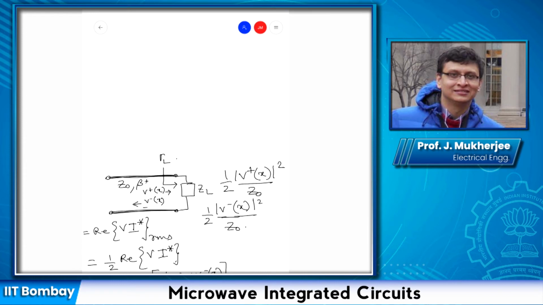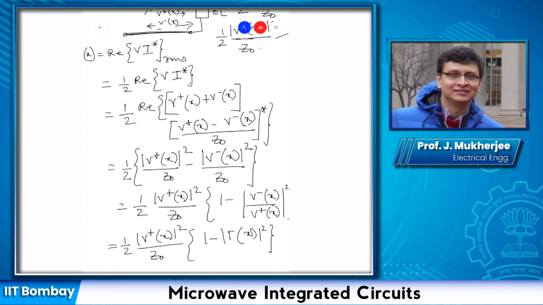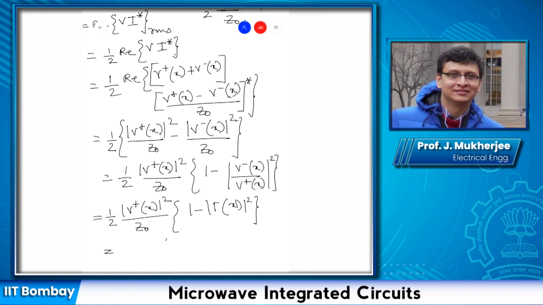So here the net power that flows, say in this direction, will be the difference of the power flowing in the plus X direction, this power, and the power flowing in the negative X direction. And that is reflected here. This quantity represents the power flowing in the plus X direction had there been no reflected wave. So I can say this as the P plus at X. Okay.